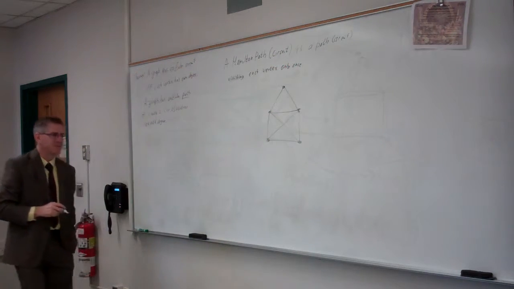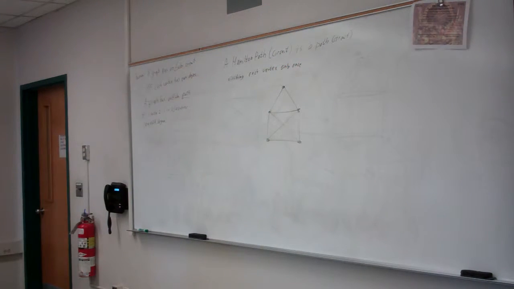So again, in our house example, we have an Euler path, we have no Euler circuit. Do we have a Hamilton path? Well, we don't care what the edge is. Can't we just go around in a circle? All we need to do is visit each vertex exactly once.